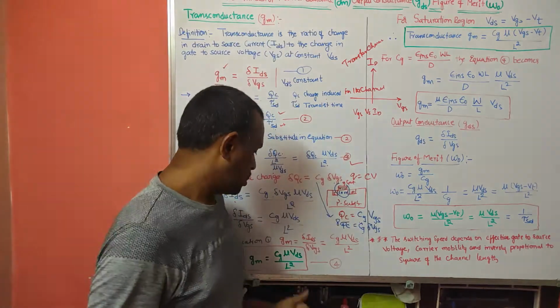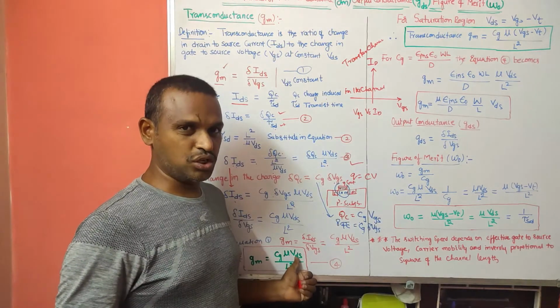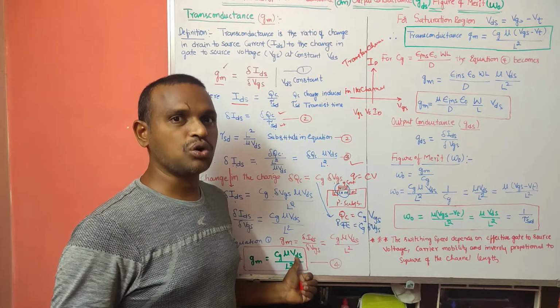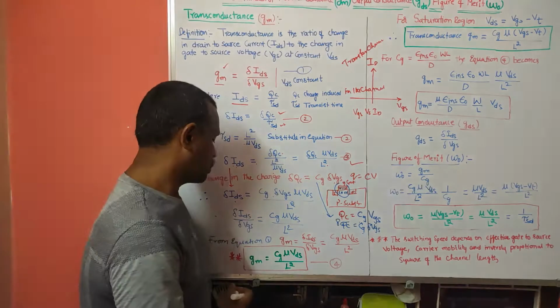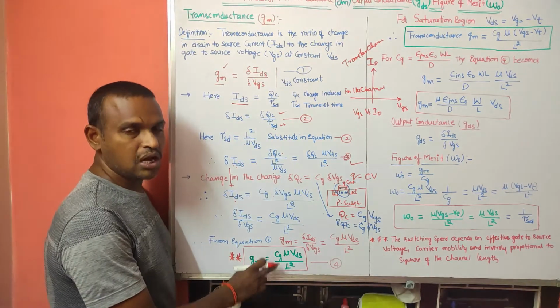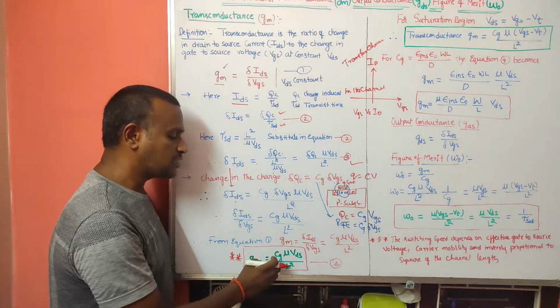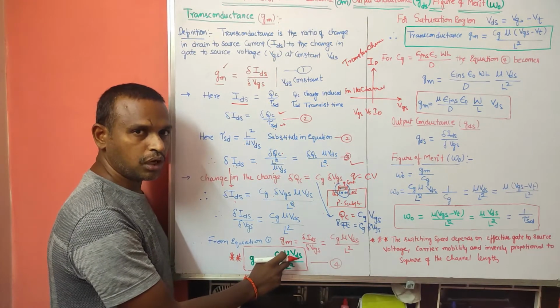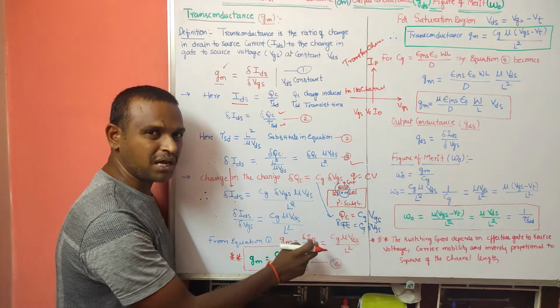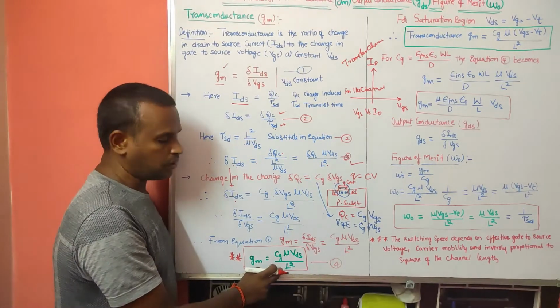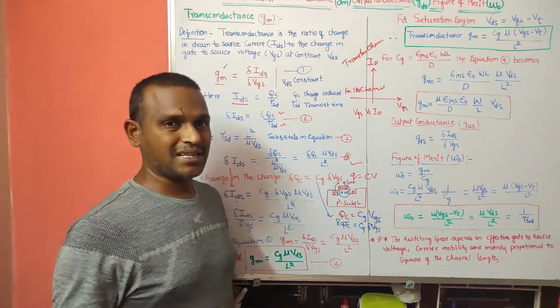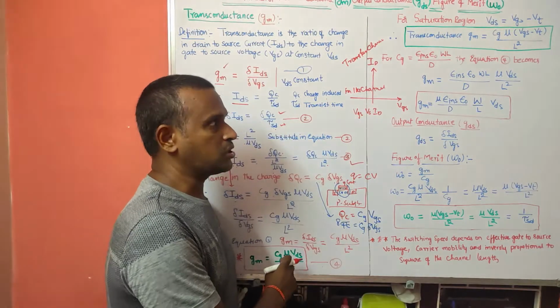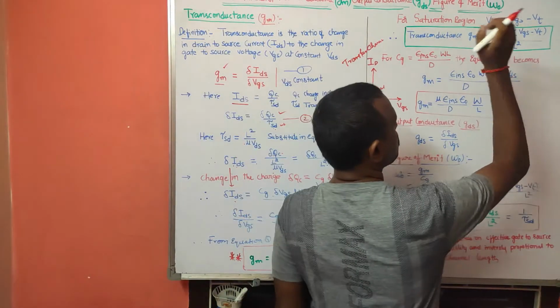So if I substitute for the saturation region, the transconductance equation is GM equal to CG mu, VGS minus VT, by L square. So this is the transconductance for non-saturation, and this is for the saturation region.